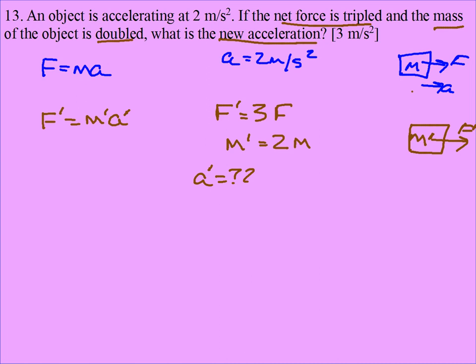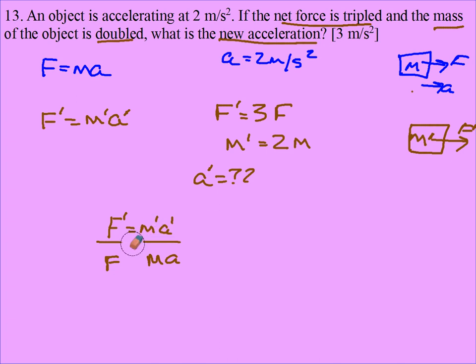What I'm going to do is simply write F prime equals m prime a prime, and I'm going to take a ratio of that and my first equation, F equals ma. So let me just erase this part right here.